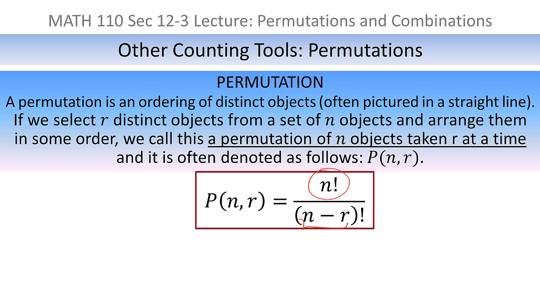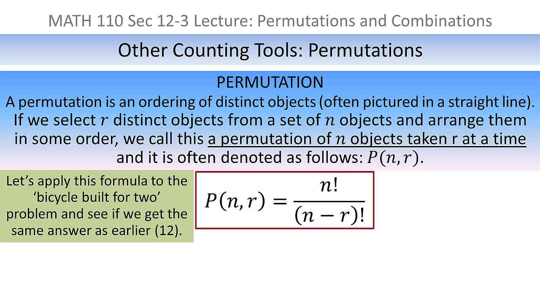So in our case with the bicycle built for 2, it'd be 4 minus 2, because you're choosing from 4 people, you're taking them 2 at a time, and you do the factorial of that. So a permutation of n objects taken r at a time is a fraction. In the numerator there's n factorial. In the denominator you take the difference between n and r and make a factorial out of that. And when you simplify that result, you get the answer.